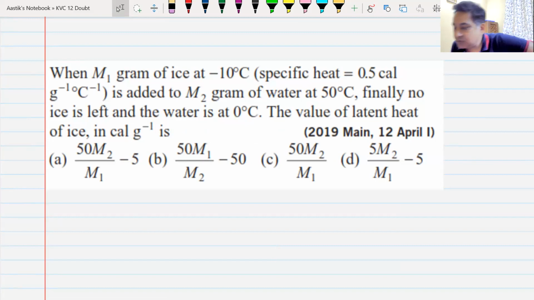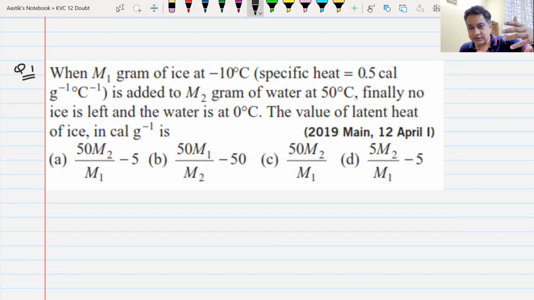2019 JEE Main, 12th April, first session. The question is right in front of your eyes. Your target is there. And remember, there is a pattern that I have seen in JEE Main sessions. Please remember that pattern. I am going to tell you that, and I'm going to prove it to you. It's a general pattern.